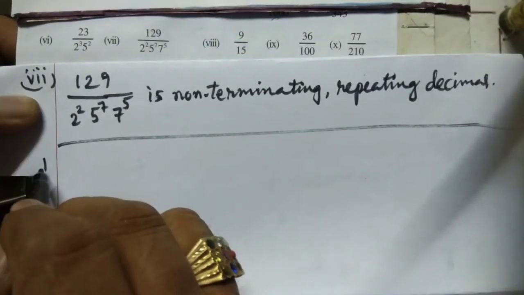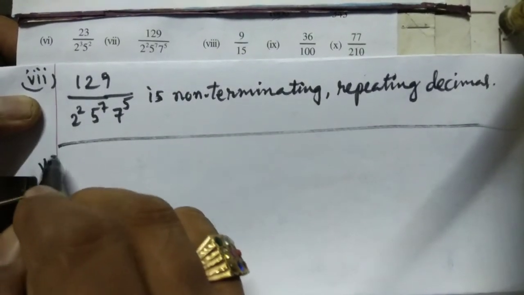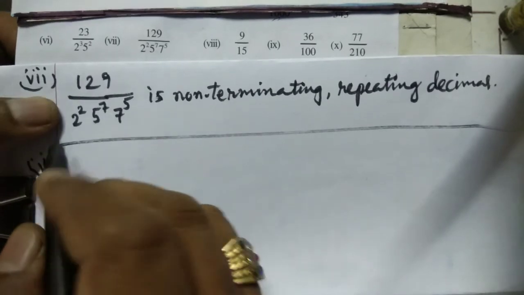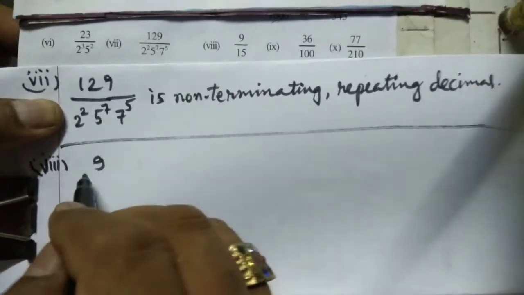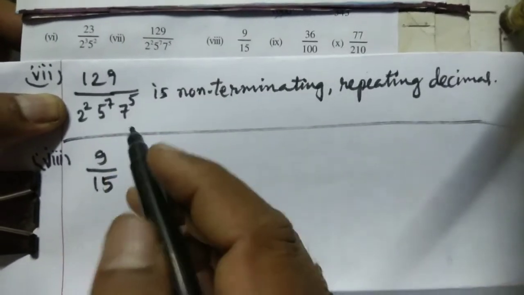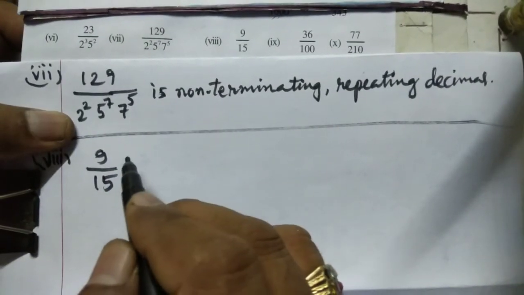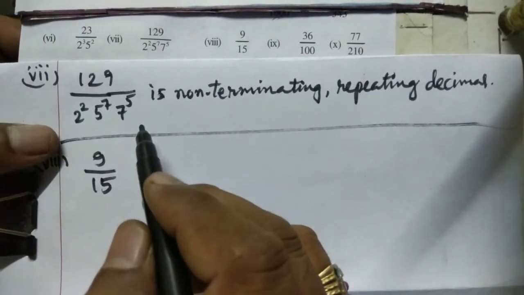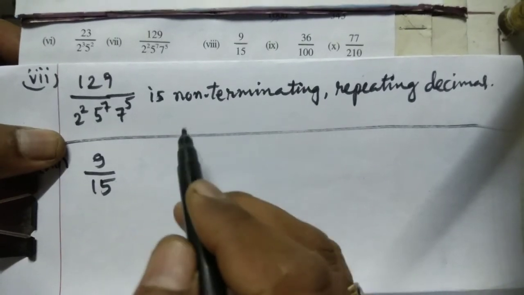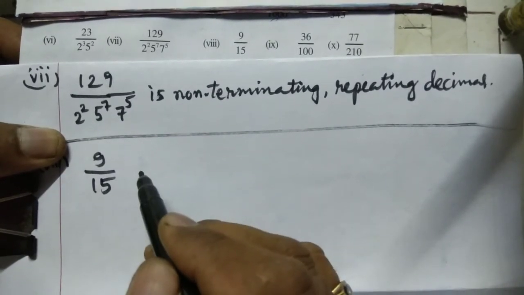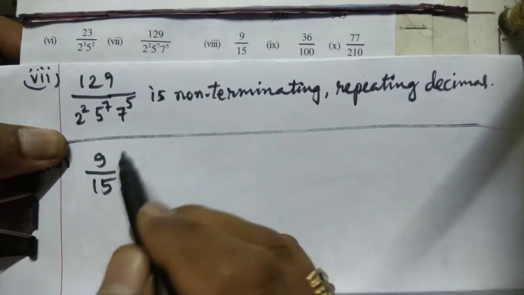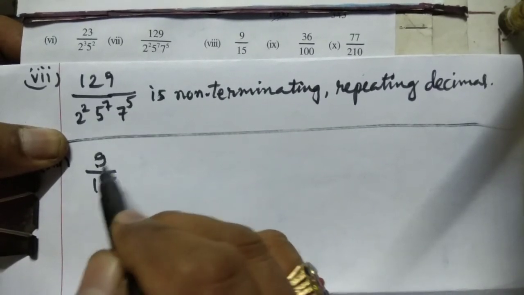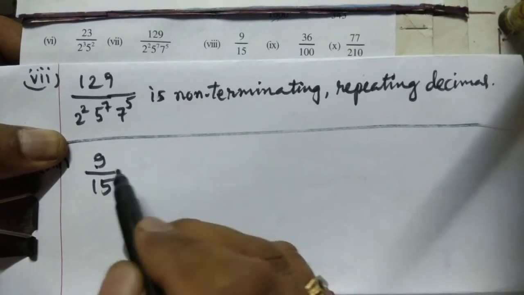Next, eighth problem, 9 by 15. Before applying that rule 2 power n 5 power m, we have to make the fraction in simplest form.